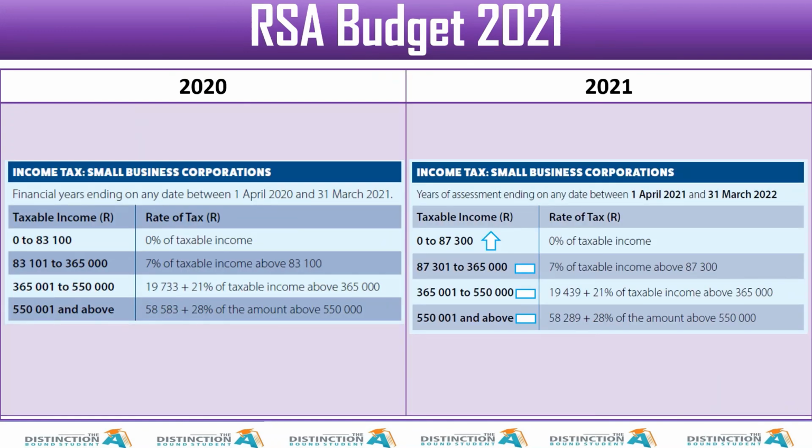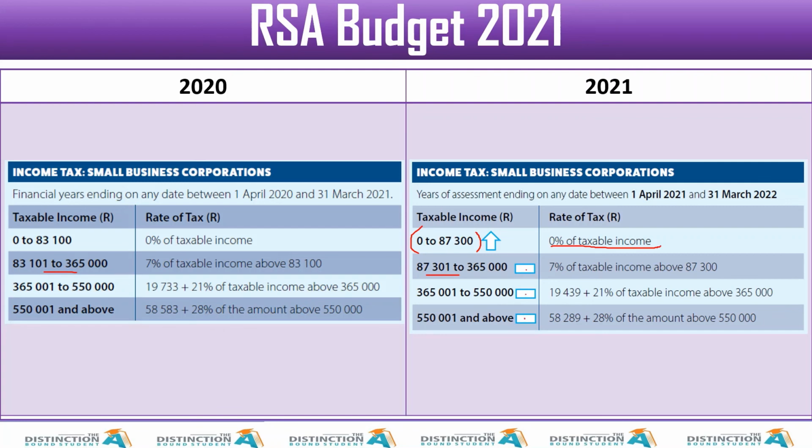Okay, and then moving on to small businesses. Small businesses that get profit between 0 and 87,300 don't pay any tax on this income. Nothing changed if you compare this side and this side.